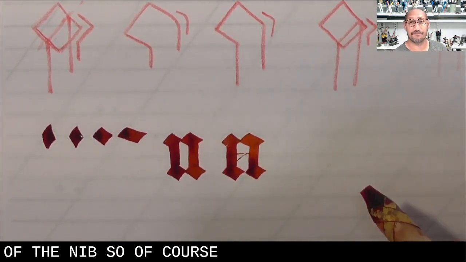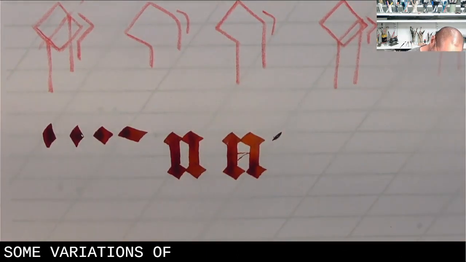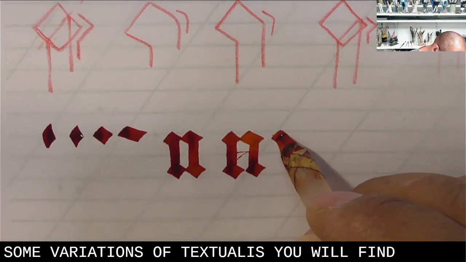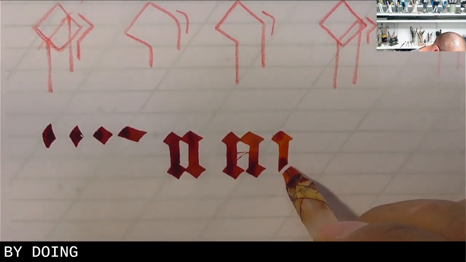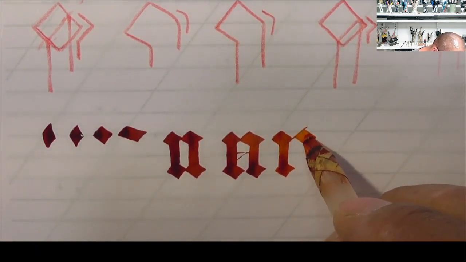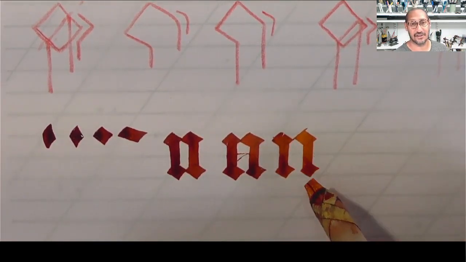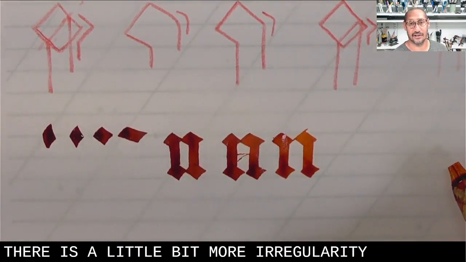Of course, when it comes to writing some variations of Textualis, you will find that by doing this, there is a little bit more irregularity in the placement.